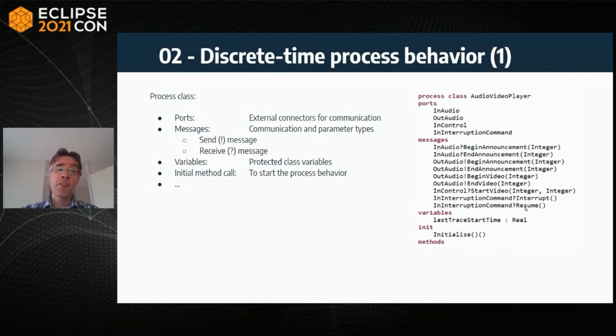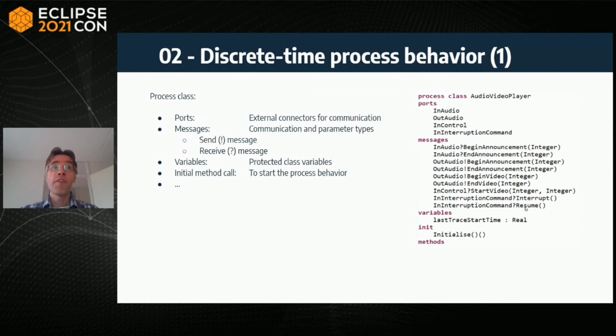So a process again has some ports, which are the external connectors for communication. But in this case, we go one step further because we also specify the messages. Because for every port, there can be multiple messages that can be sent or received over this port. And these messages can also have certain parameter types to model data transmission.